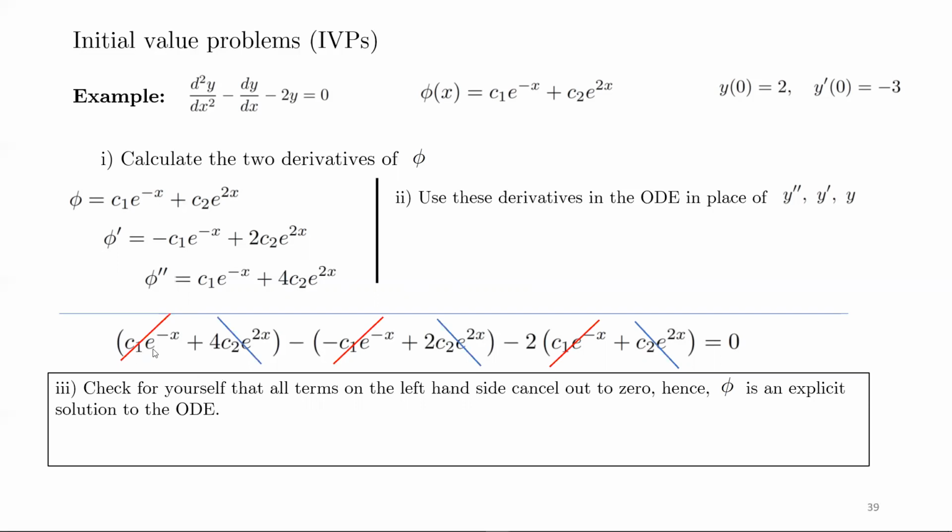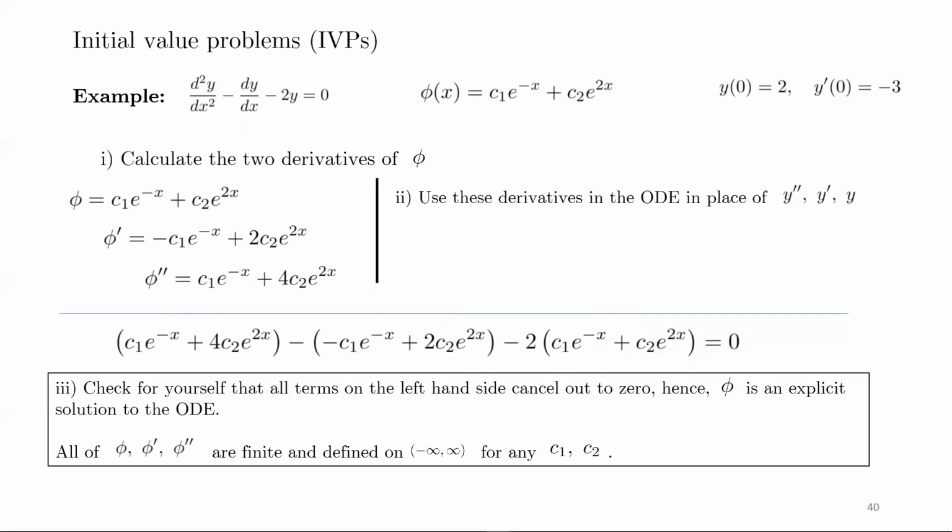We get c1 e to the negative x, plus c1 e to the negative x here again, so that's 2 c1 e to the negative x. But then we subtract 2 c1 e to the negative x here, and similarly for the other terms as well. You might like to convince yourself that the left-hand side does actually cancel out to be equal to 0. And since that is the case, phi is an explicit solution to the ODE.